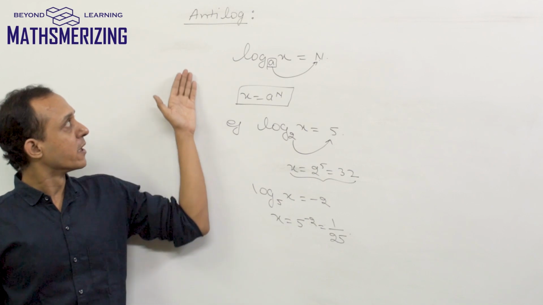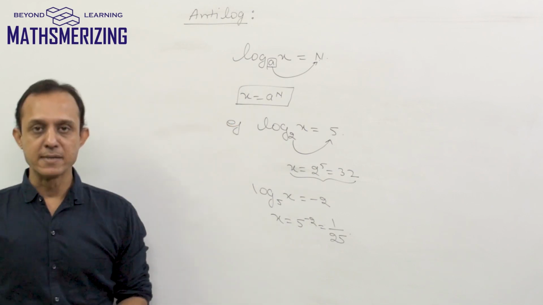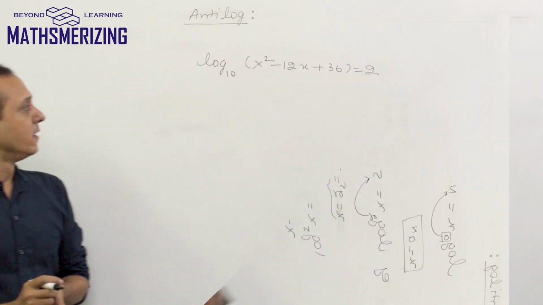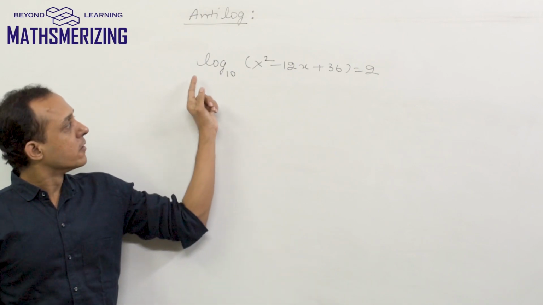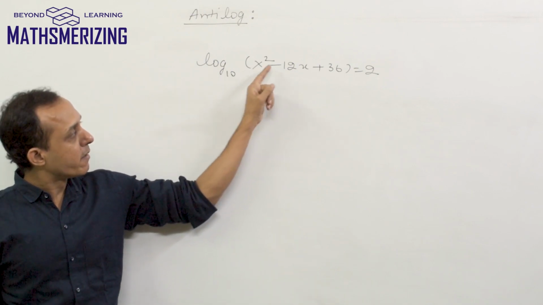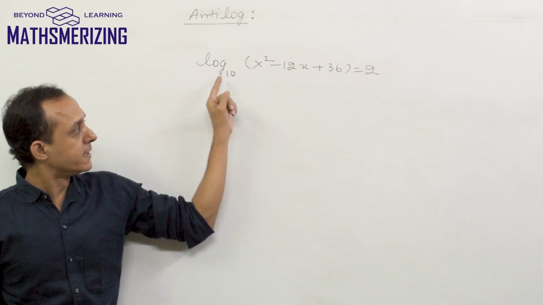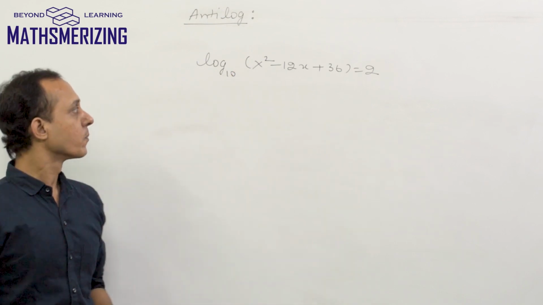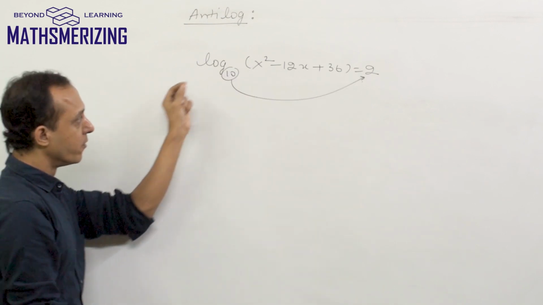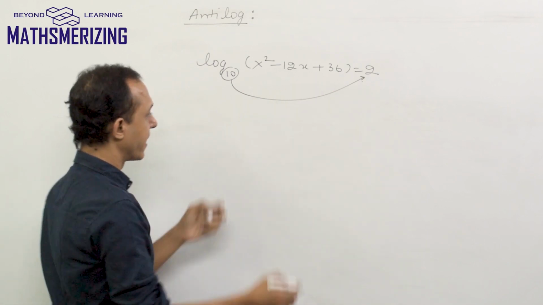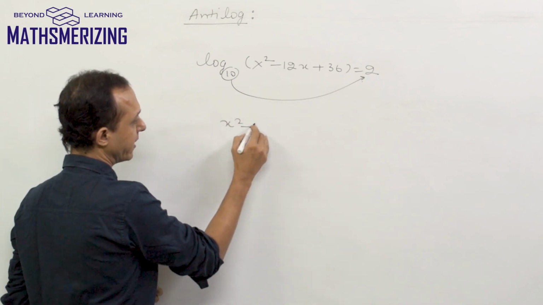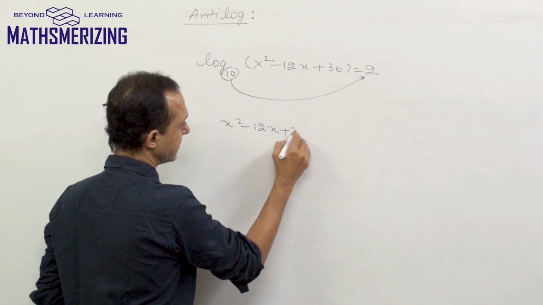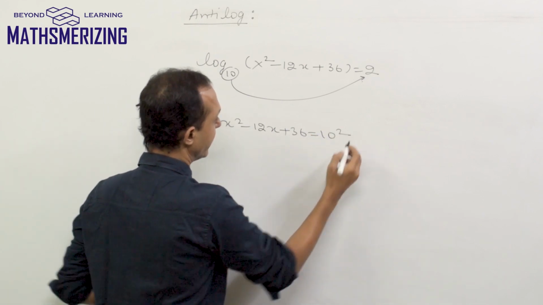Now there are many questions which are based on anti-log. I'll take up a simple example. Suppose the question is: solve for x, log of x square minus 12x plus 36 to the base 10 is equal to 2. I can remove log by taking anti-log. I can write x square minus 12x plus 36 equals 10 to the power 2.